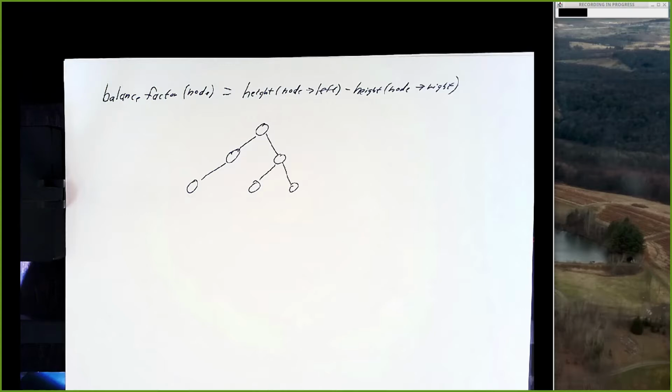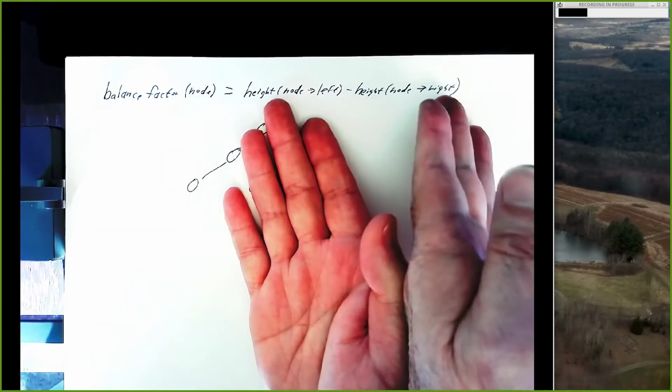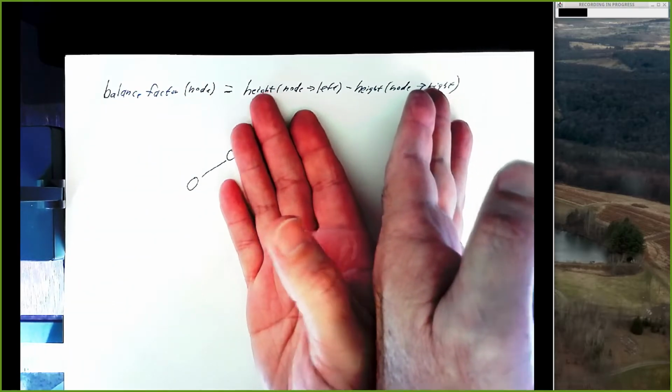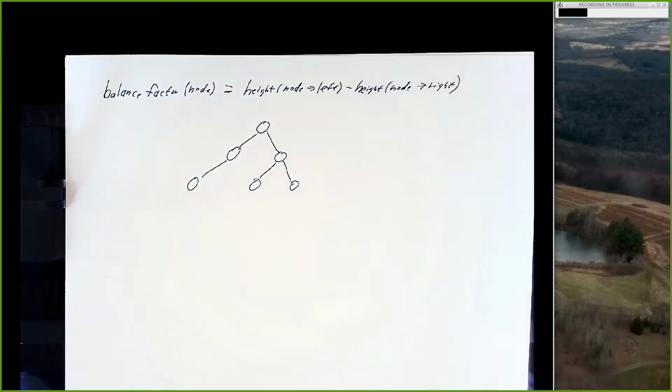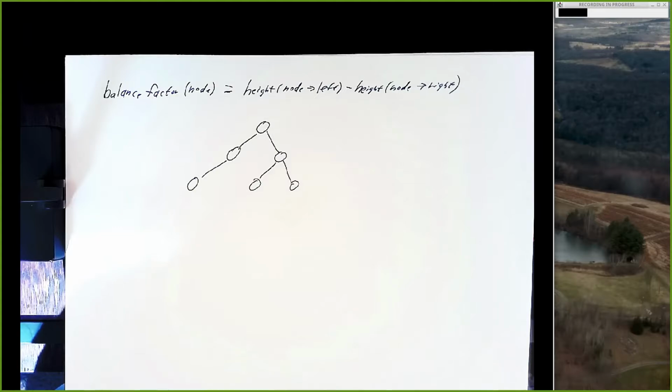Everything that we're doing, we could do with these things reversed. It would all still work, but it would be backwards compared to the standard that people use. So balance factor we're going to define is the height of the left subtree minus the height of the right.